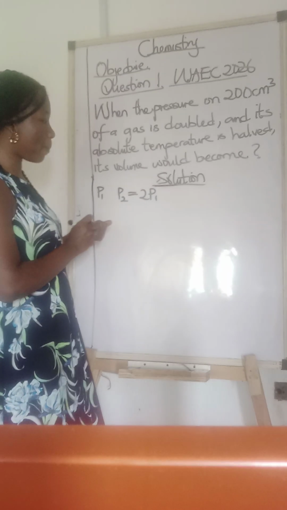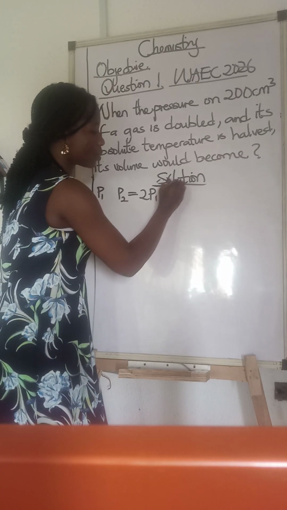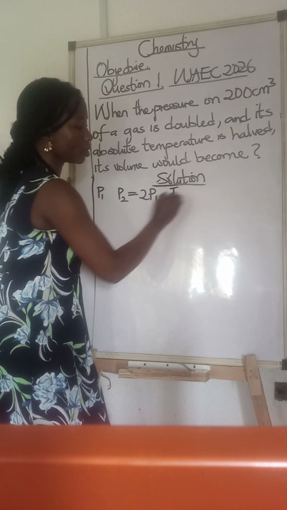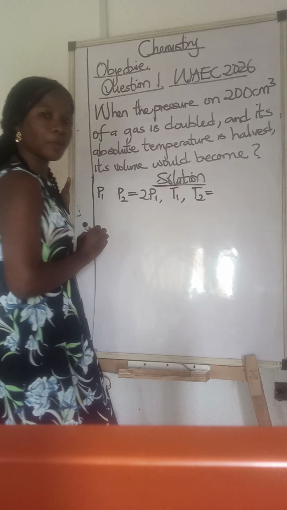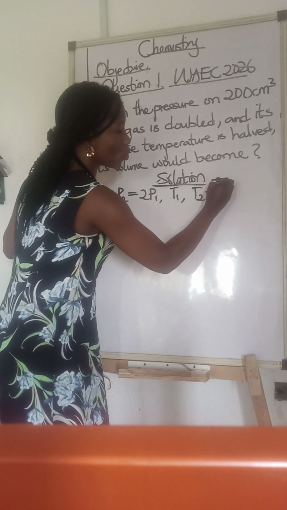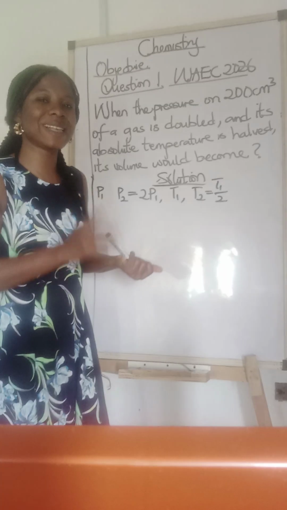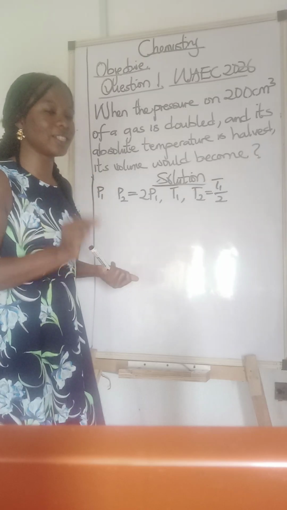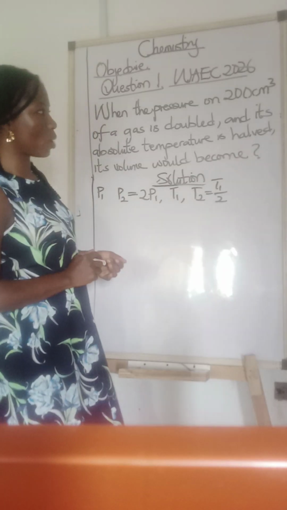Same thing applies to the temperature T. That means we have T1 and we have T2. But in this case, T2 is T1 divided by 2. Half is half. That means it is divided by 2. T2 will now be half of T1.